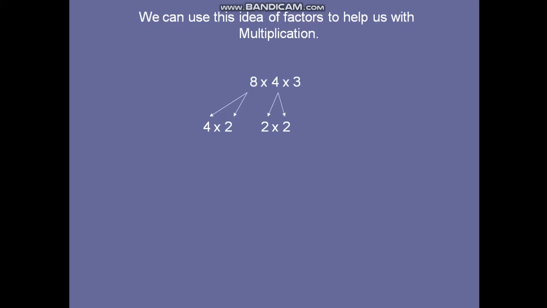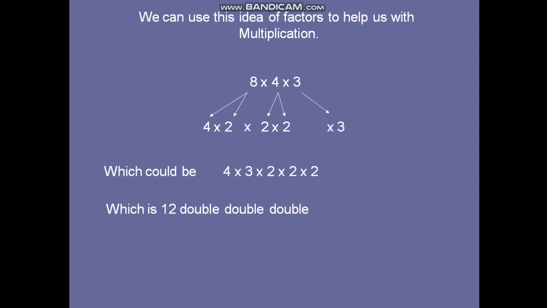Like 8 is 2 by 4, and 4 is 2 by 2, and 3 is 3. It's like 4 by 2, like 2 by 2 by 2 by 3. That's it. Now, 12 is double, double, double. So we're just doubling everything.